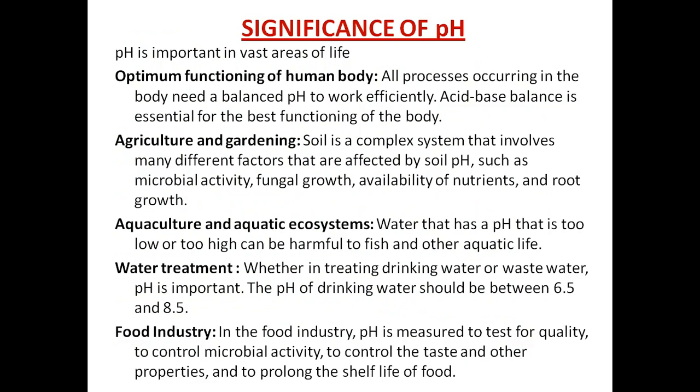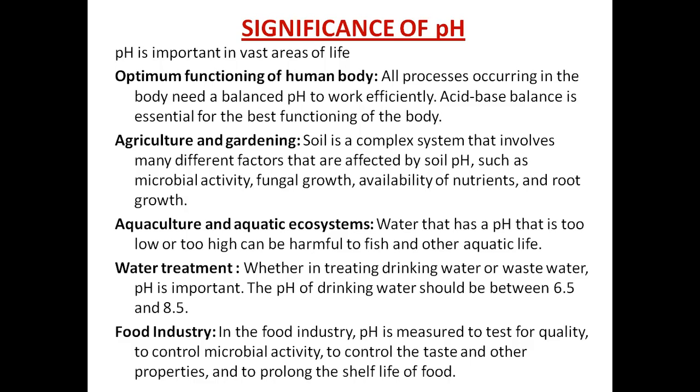So now the significance of pH. pH is important in vast areas of life, from our body to the environment, to the animals, to the plants. Everything is working on an optimum pH, right?